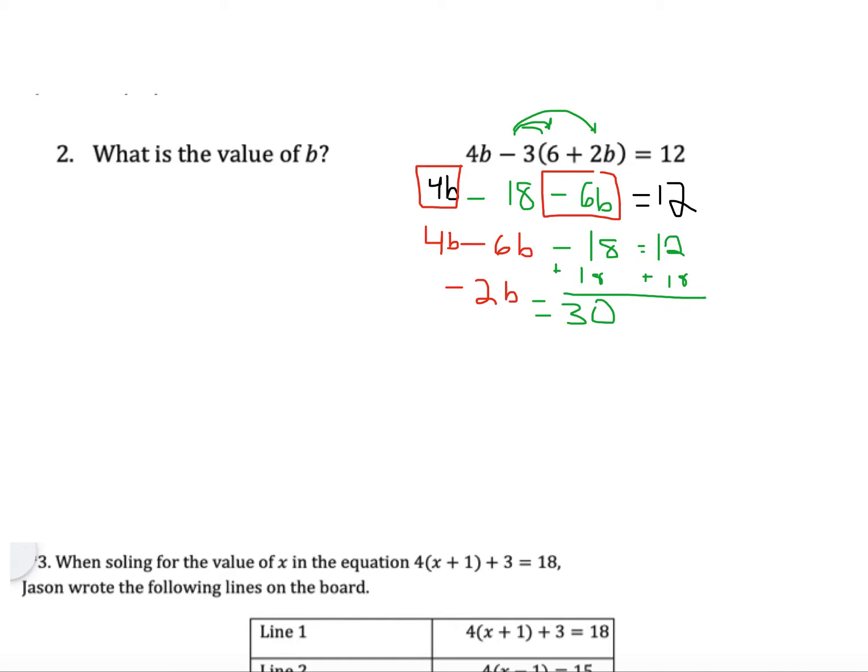So now -2b, if I divide by -2 on both sides, cancels out the -2. I'm now left with b equals 30 divided by -2, which results in -15.